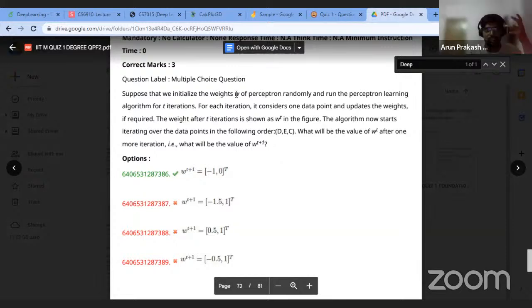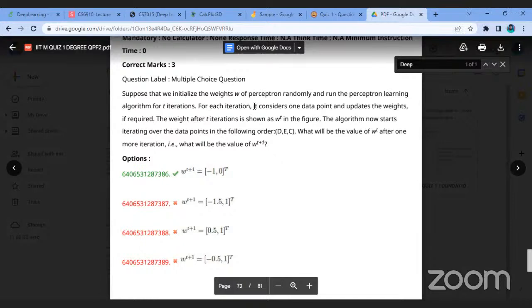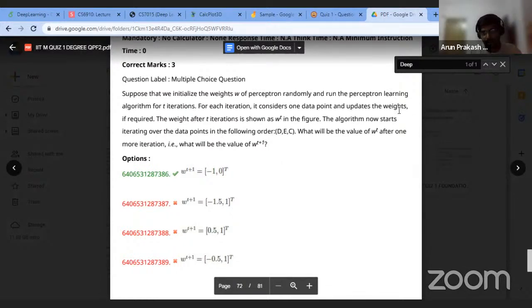So we randomly initialize the W vector, and then we say we are going to run it for T iterations. The important thing is it considers one data point and updates the weights if required. It's a kind of SGD.